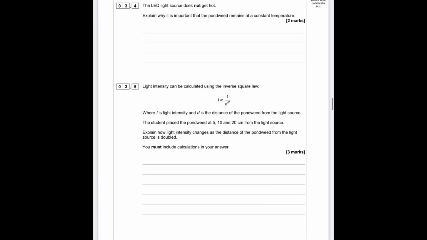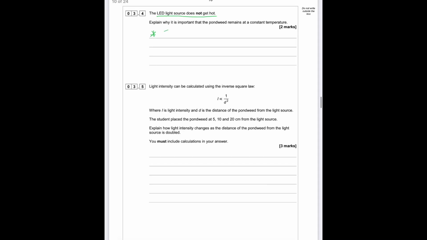For this question, we're told that an LED light source does not get hot, and that's what's used in our investigation. Explain why it's important that the pondweed remains at constant temperature. Well, the first reason has to be that if we used a light source that increased the temperature, it would affect the rate of photosynthesis.